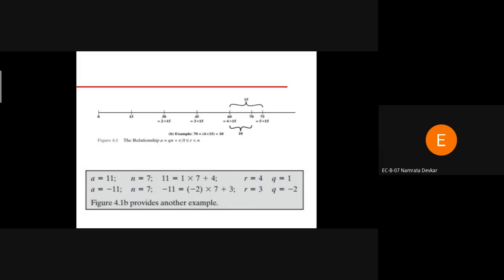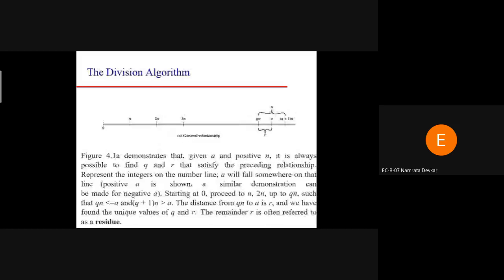So which one is the lesser value? That value we have to consider as the residue. Here we represent it by small r. So the small r stands for residue in this demonstration. The remainder can be referred to as the residue.